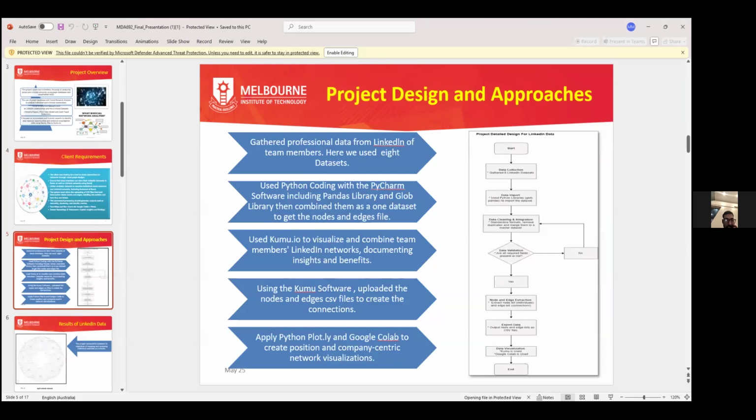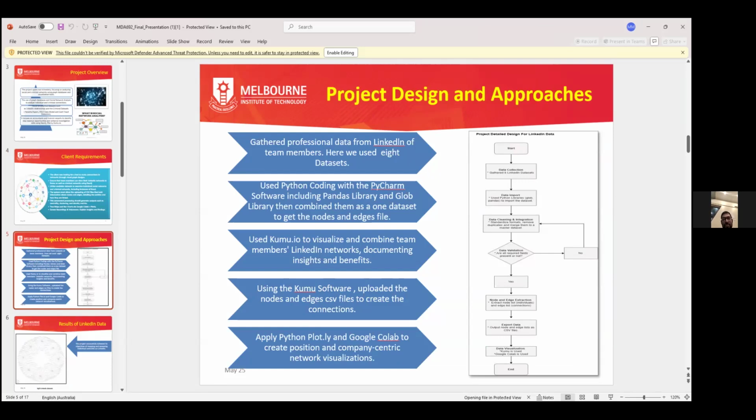Coming to the next slide regarding the project design and approaches, the project design is used to gather the professional data from LinkedIn of all our team members. Here we used 8 data sets, collected from Excel sheets of LinkedIn.